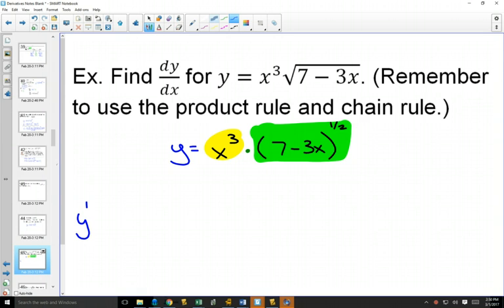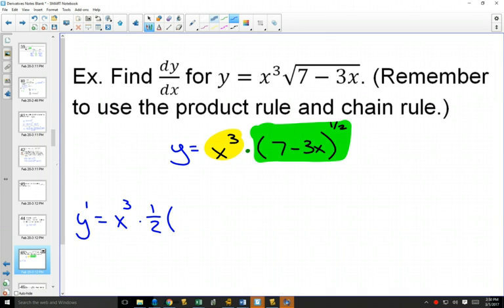Well, our product rule says keep one the same, so I'm going to keep my yellow one the same, x cubed, multiply by the derivative of the second one. And when I do the derivative of my green one, it's going to have the chain rule. My outside function is the 1/2.